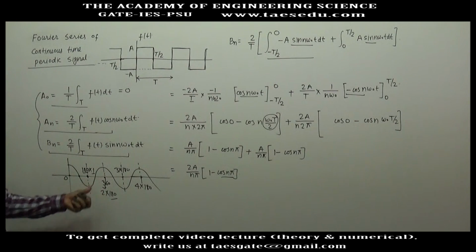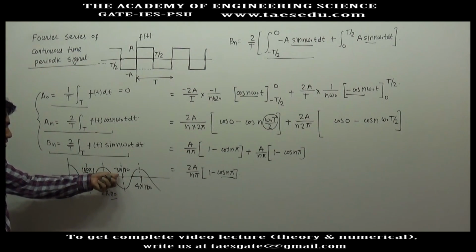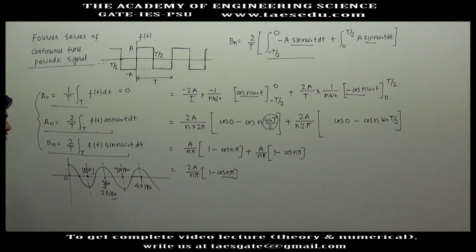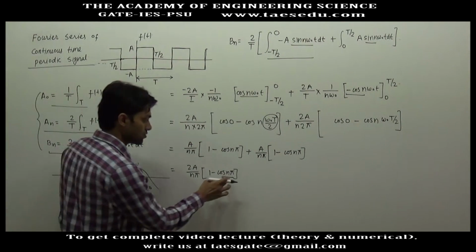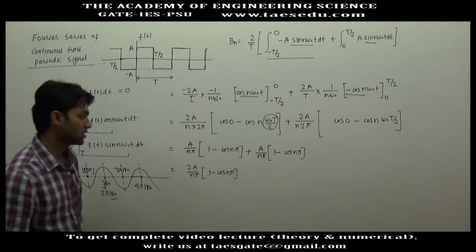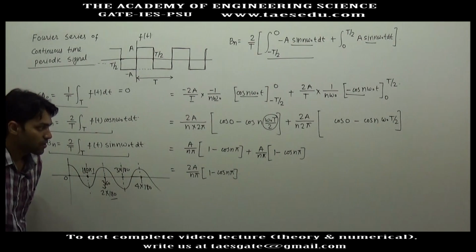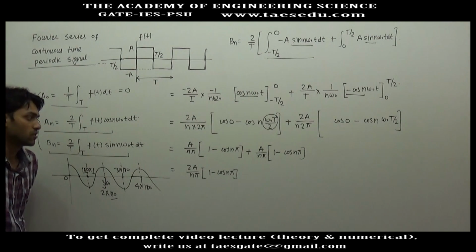So if you have even multiple of 180, you will get positive 1, and for odd multiple of 180, you will get minus 1. So it has two values, plus 1 or minus 1, depending upon whether you have even multiple of 180 or odd multiple of 180.